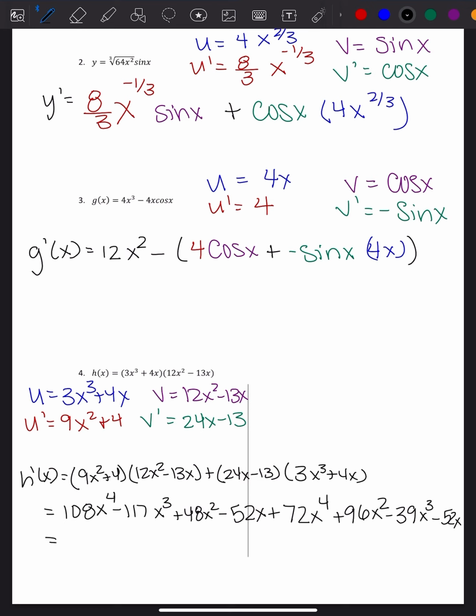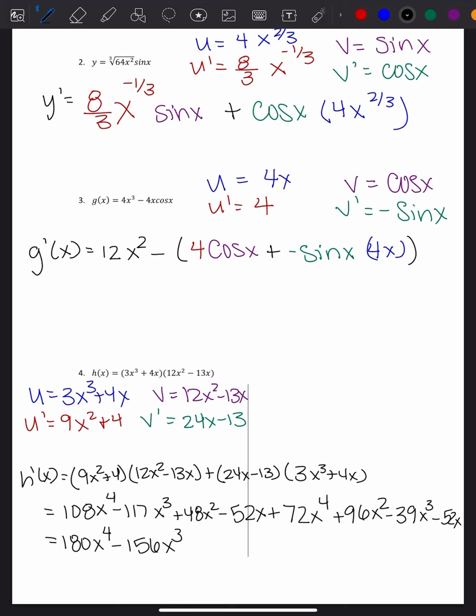Okay, so I'm going to go ahead and add all of these together and see what we get. So we have 108x to the 4th plus 72 to give us 180. We have negative 117 minus 39 to get 156x cubed.